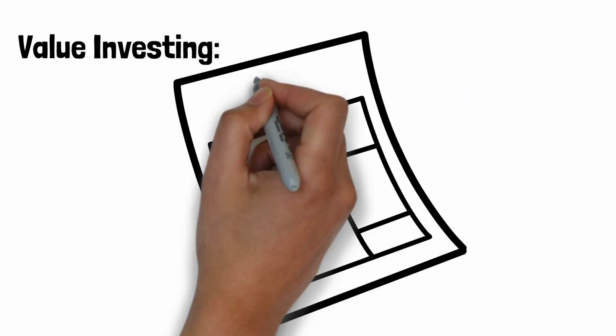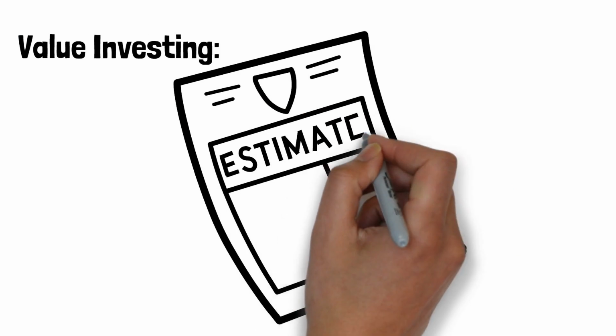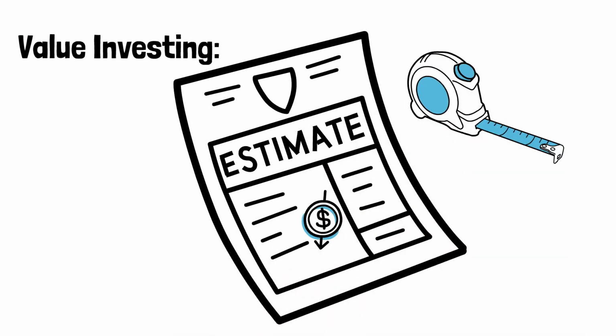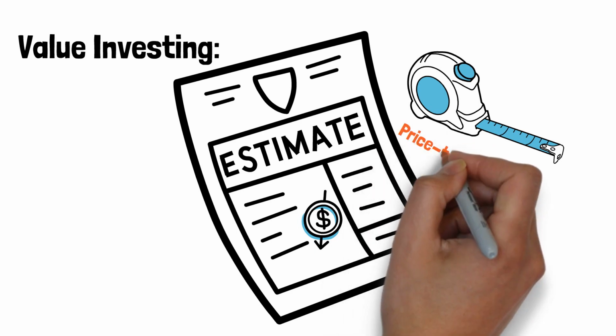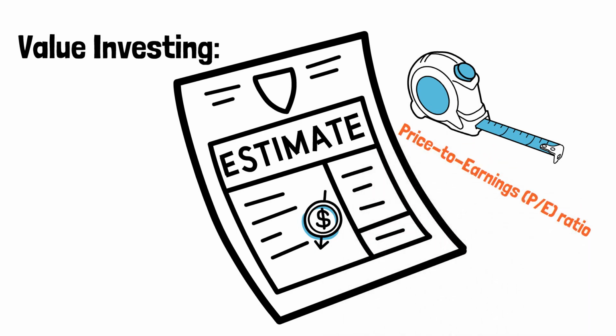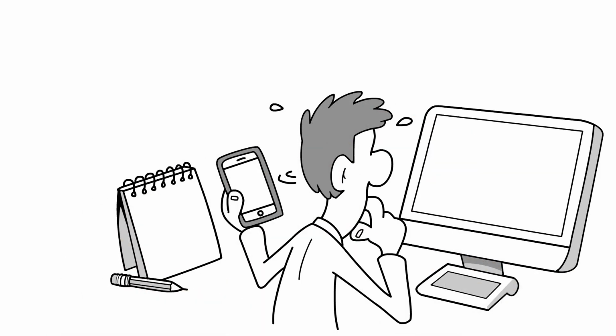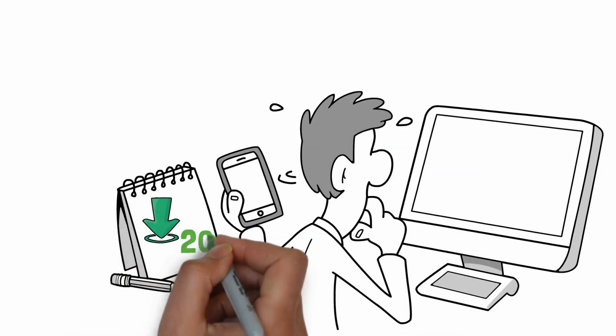Value investing. Value investing involves selecting stocks that are undervalued relative to their intrinsic value. One common metric used to evaluate value is the price-to-earnings (PE) ratio. For example, suppose an investor screens for stocks with a PE ratio below the market average of 20.